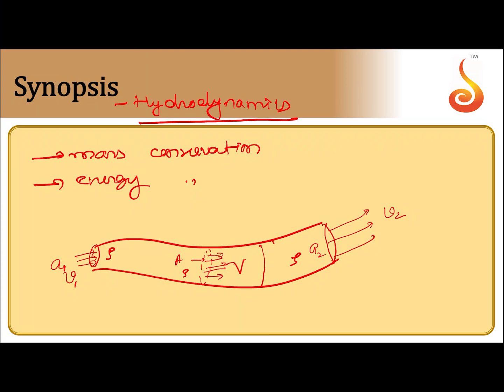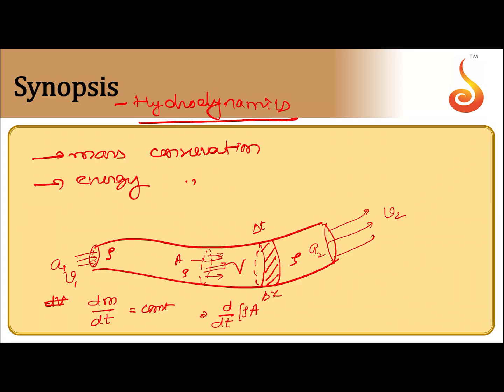So if I consider a small extent of liquid flowing here, whose length is some delta x, and the liquid takes time delta t to cross this one. So clearly the mass of the fluid flown per unit time should remain constant. So I'll write dm divided by dt is equal to constant. What is that dm by dt? d by dt of mass. Mass is density into volume.